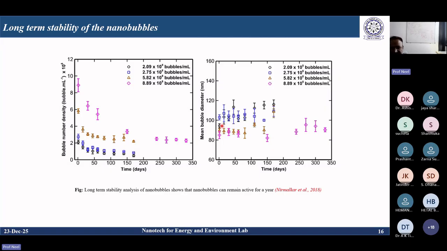If you see, the mean diameter is not changing, it is more or less constant. But the concentration of the bubbles is decreasing drastically over time. So the bubbles are decreasing in number, but still stable, which can be seen from the mean bubble diameter of the nanobubbles.